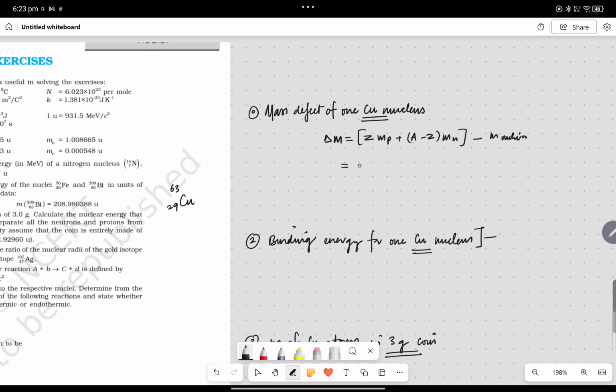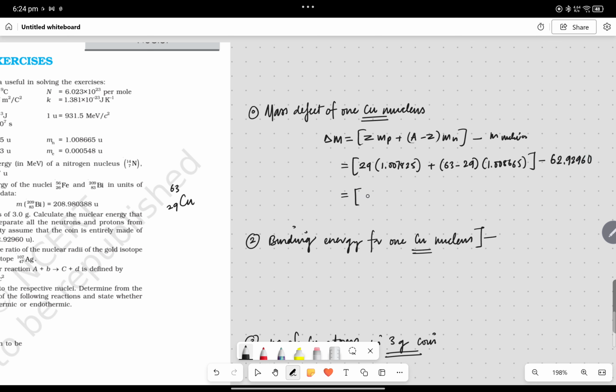So now by putting the values, we know Z is 29, and the mass of proton is 1.007825, and then the number of neutrons is 63 minus 29, and the mass of neutron is 1.008665, and the summation of all this minus the mass of that nucleus that is given in the question, right? So this is the thing, and now you have to solve this.